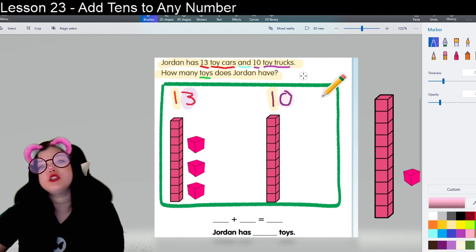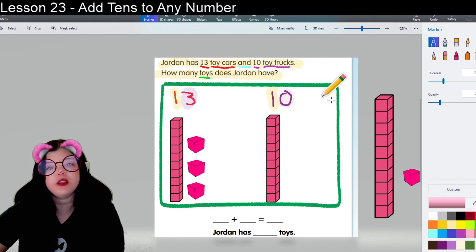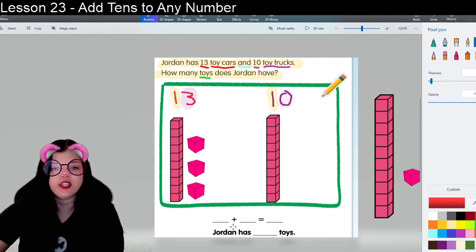So now that we have our 2 parts on the math mat, how many toys does Jordan have? Now we want to bring them together. So we know that one part is 13. So I'm going to write 13 on my addition sentence.